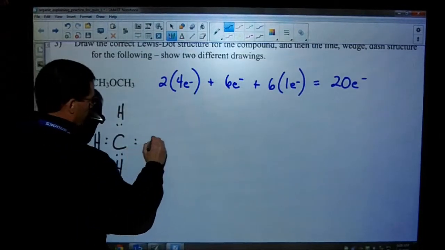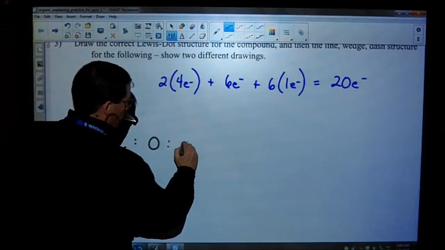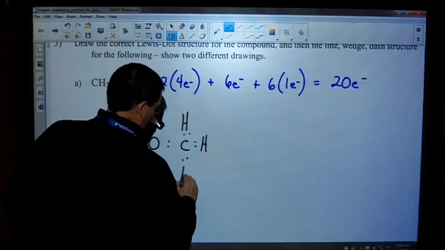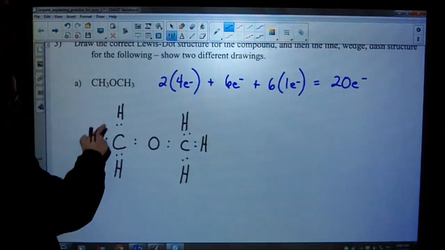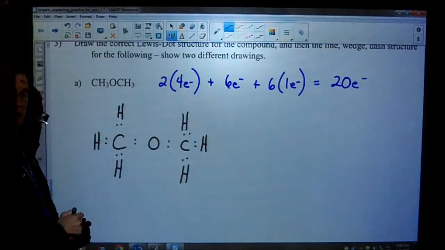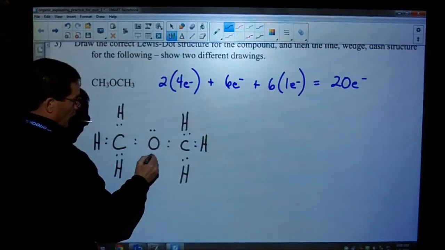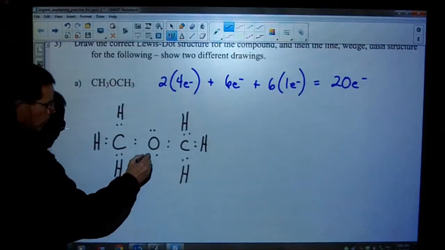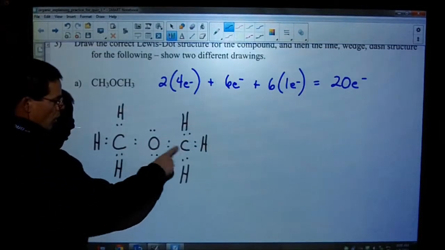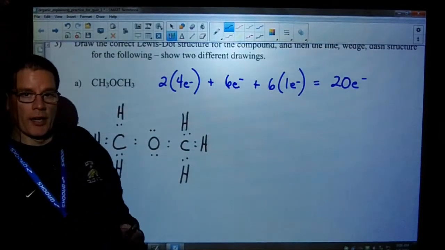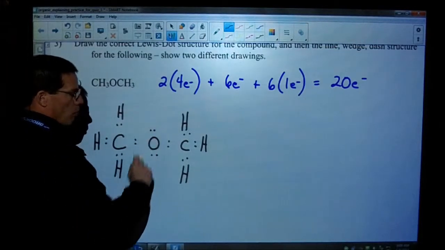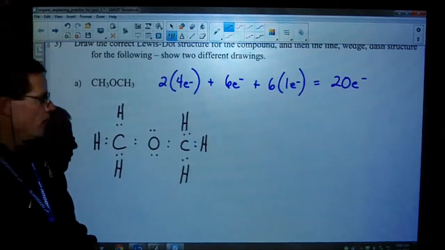Oxygen's next, and then put your other carbon and hydrogens there. Now, at this point, we have 2, 4, 6, 8, 10, 12, 14, 16, 18, oops, 20 electrons. So what's nice, even though oxygen technically is not an external atom, it still has its 2 bonds and its 2 lone pairs. That's what oxygen likes to have.